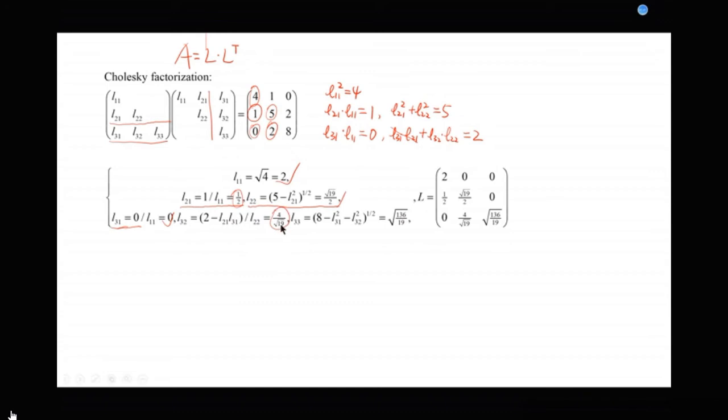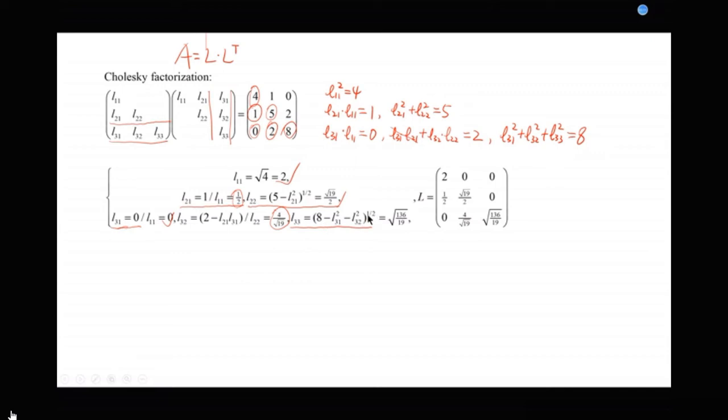Okay? And the last number, L33. So you use third row multiply third column. So you will obtain L31 square plus L32 square plus L33 square equal to 8, right? This number. It's okay? And so we can obtain L33 by 8 minus L31 square minus L32 square and compute its square root, right?